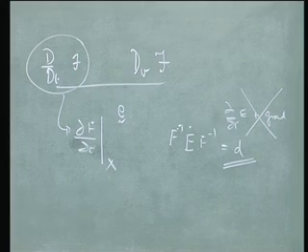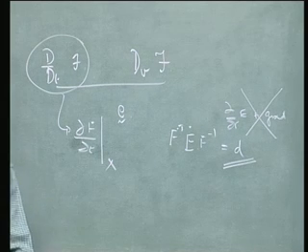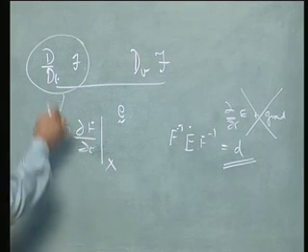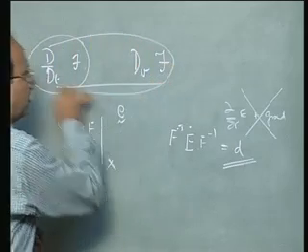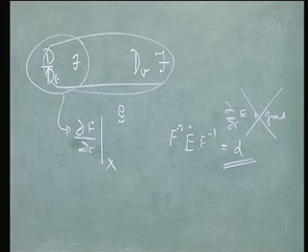Is that clear? I leave this as an exercise. Just calculate what D is in terms of velocity. If you do not understand, we will come back to that later.